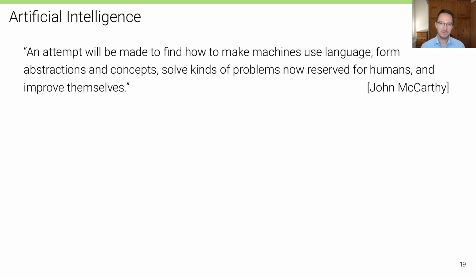Artificial intelligence was characterized by John McCarthy, one of the pioneers, as an attempt to find how to make machines use language, form abstractions and concepts, solve kinds of problems now reserved for humans, and improve themselves. And that, of course, also includes visual perception of the environment.